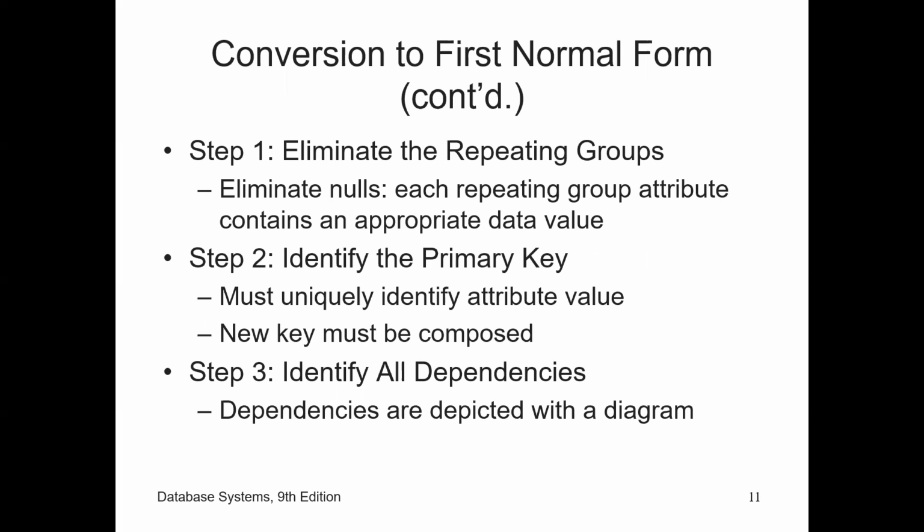To eliminate the repeating groups, eliminate the nulls by making sure that each repeating group attribute contains an appropriate data value. Step two, identify the primary key. It must uniquely identify the attribute value. A new key must be composed. Step three, all dependencies are depicted in a diagram, also known as a dependency diagram.